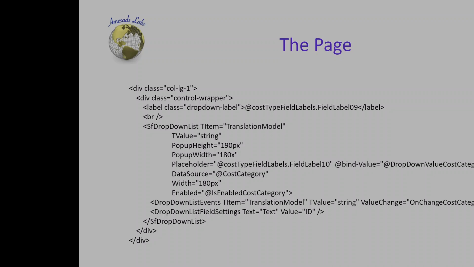And then we assign a variable to it so that we can add or update descriptions or have related fields that depend on the data you're selecting here. And the data source is the cost category, which we have just populated with the select statement.